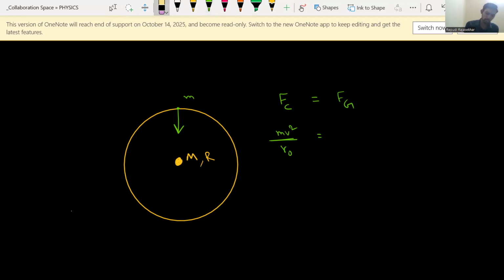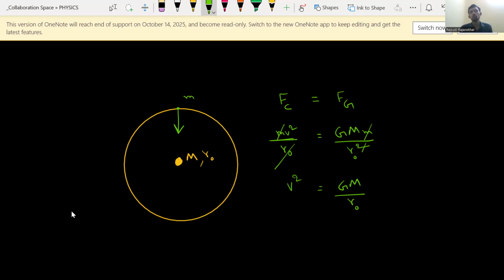This should be small r naught as per the question. The gravitational force between capital M and small m is G into capital M into small m divided by the distance between them, r naught. So this is r naught square, because Gm1m2 by r square is the formula. Small m and small m get cancelled, and one r naught gets cancelled, so that v square equals G into M divided by r naught.